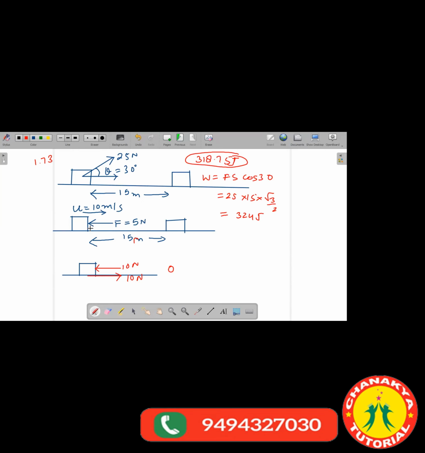What is cos 180? Cos 180 is -1. And for this one, you'll get your answer as Fs cos 180.